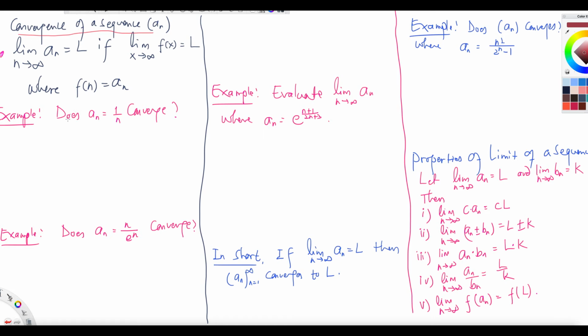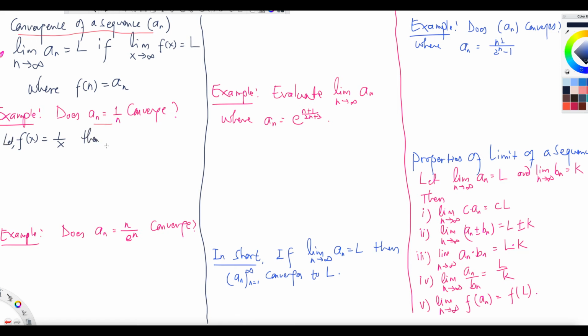So for example, let us see this example. Does a_n equals 1 over n converge? To see if this a_n converges or not, we will find f(x). Let f(x) be a_n with n replaced by x, so f(x) is 1 over x, right?